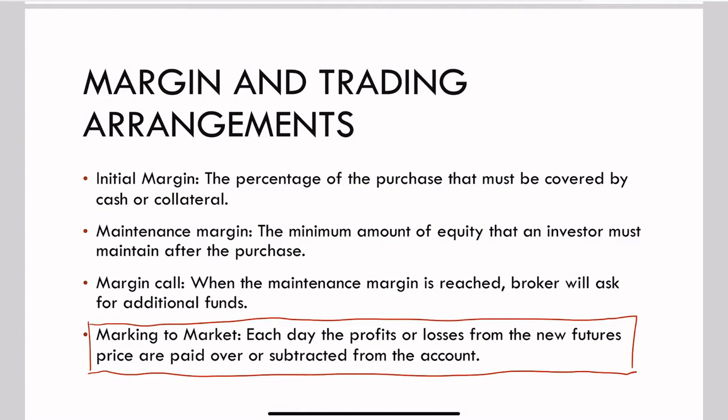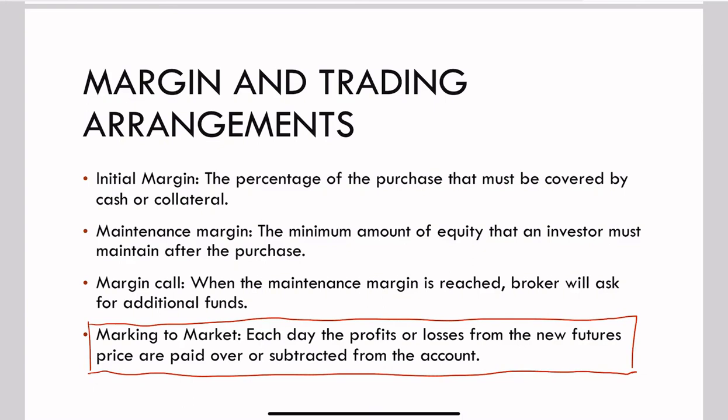Marking to market. Essentially, it means that each day, the profits or losses from the new futures prices will be realized and have to be paid. These profits or losses will be added to or deducted from your account.